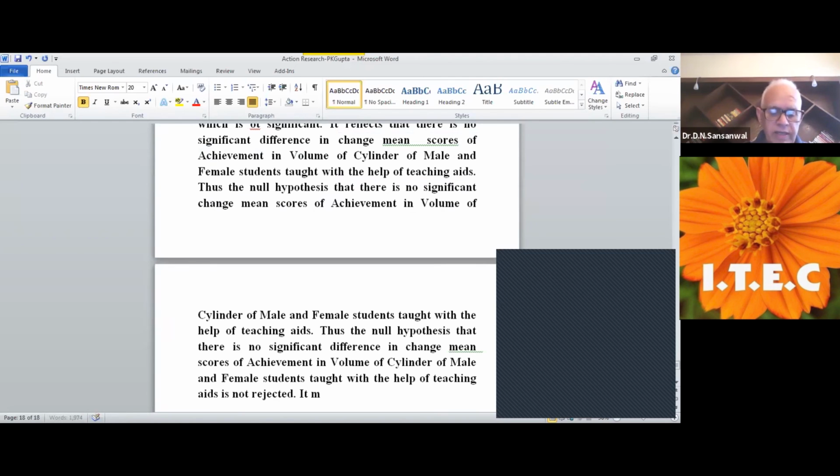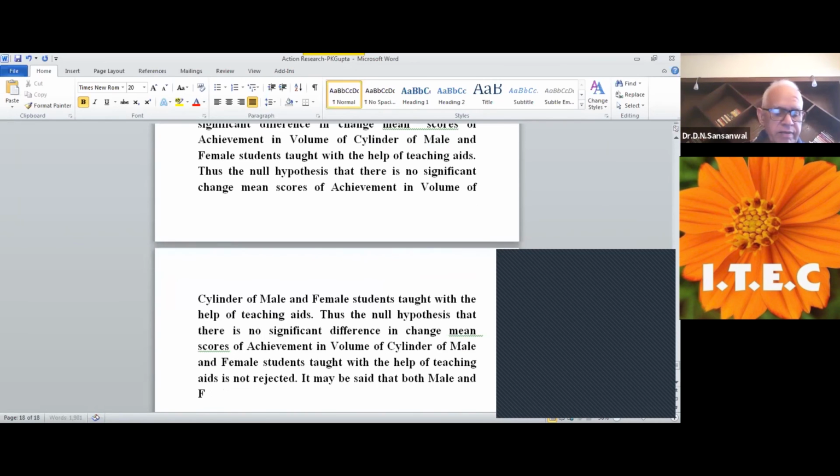It may be said that both male and female students benefited equally from teaching aids.